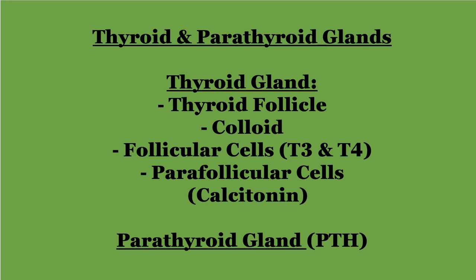So I always tried to find my opposing hormones, ones that do the opposite of one another. It's easier to study that way if you can find, like, okay, parathyroid versus calcitonin.